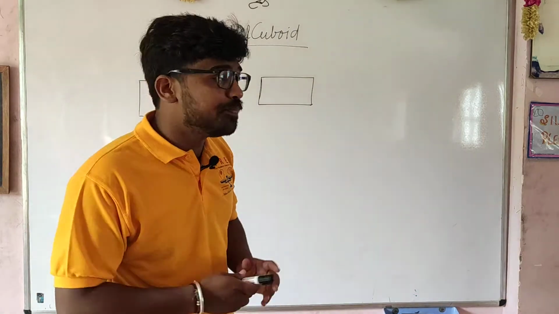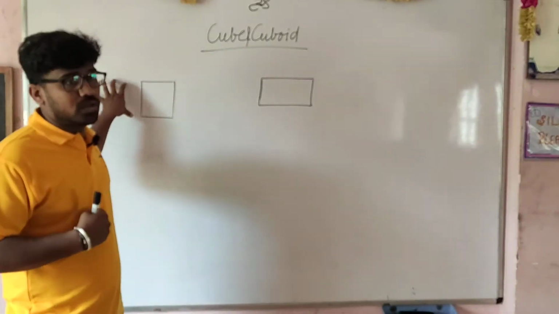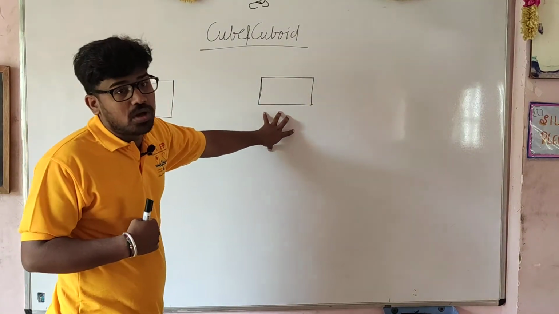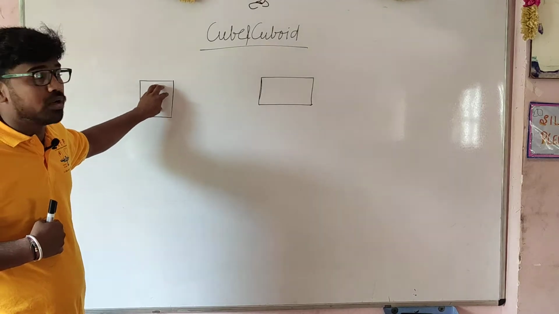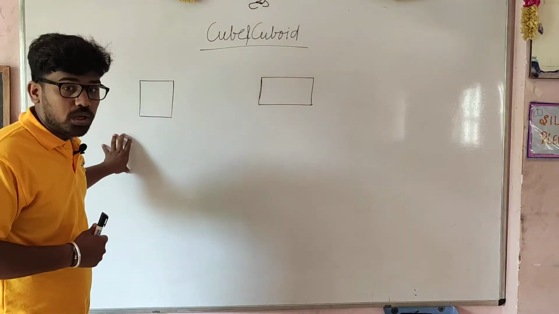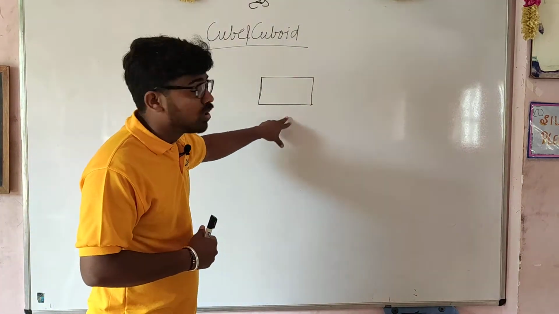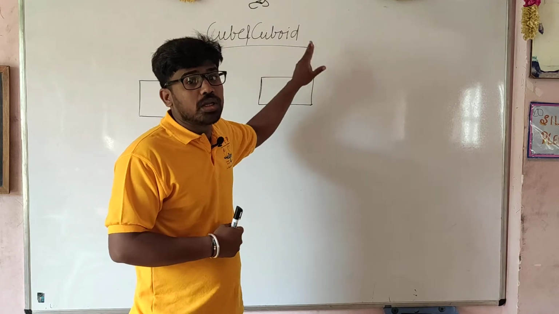Before going to that, let me come to the previous classes. What is a square and what is a rectangle? A square is a geometrical shape in which all the sides are equal, and in a rectangle, opposite sides are equal.